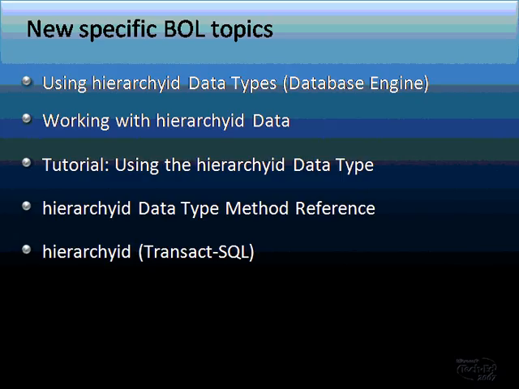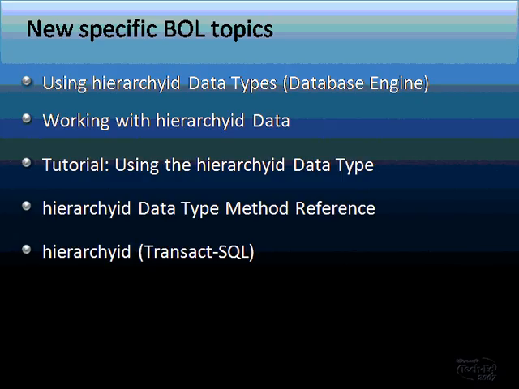With the CTP4 of SQL Server 2008, if you go to Books Online, we have all the new topics, including a tutorial about how to use the hierarchical ID type and all the guidelines.